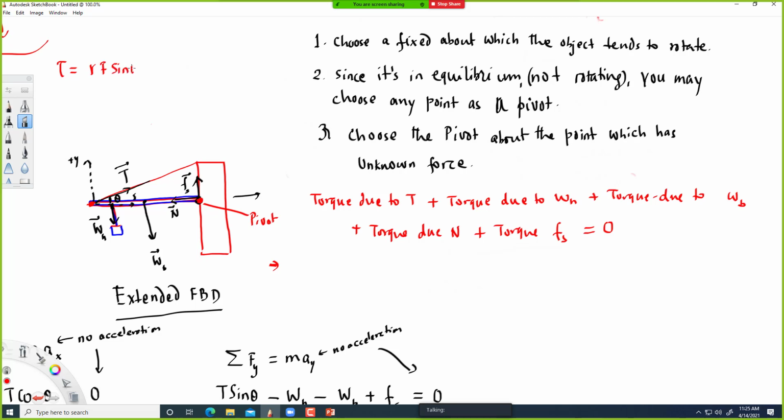So the torque produced by tension is the distance between the force and the pivot times the force, which in this case is tension, and the sine of the angle between the distance and the tension. That's the torque produced by tension. We also need to think about whether it is positive or negative. Do you guys remember when a torque is positive and when it is negative?